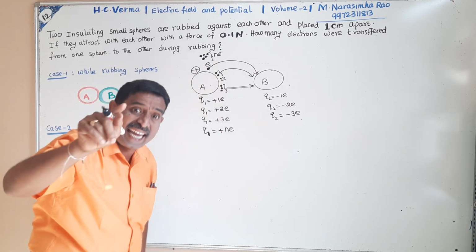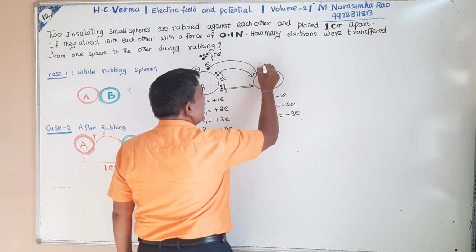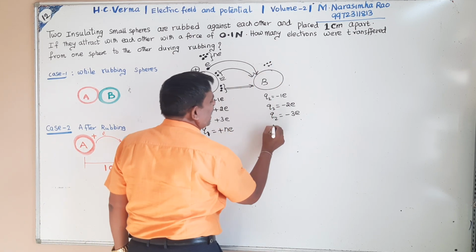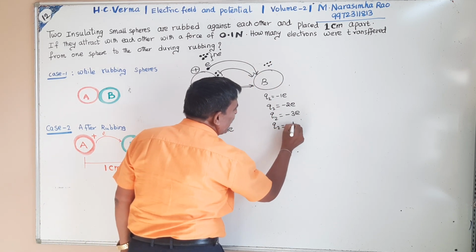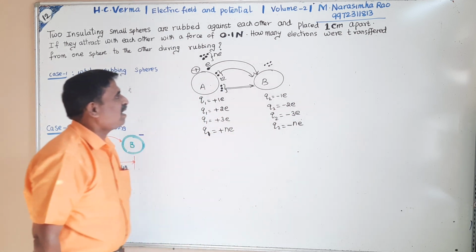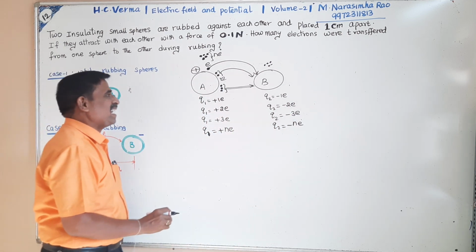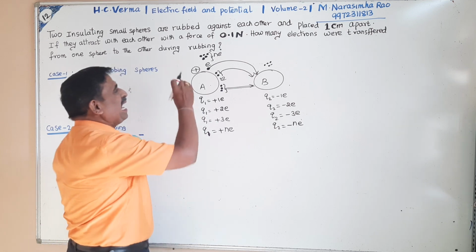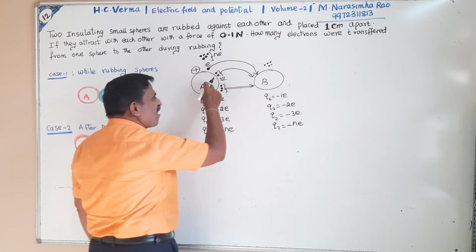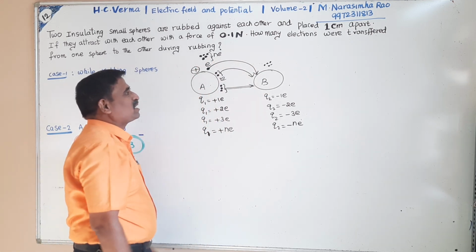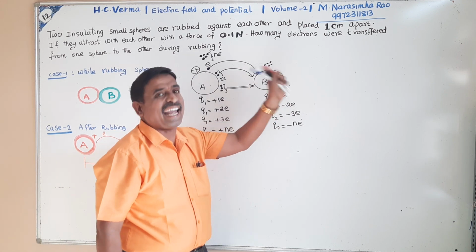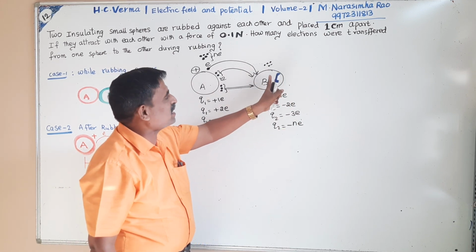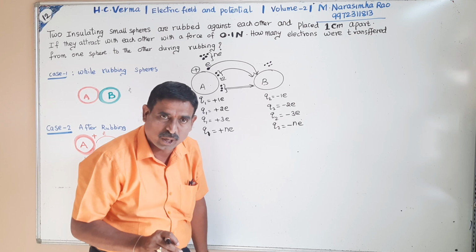It is gaining n electrons, so its charge is minus ne. After rubbing, the sphere losing n electrons becomes a positive charge, and the second sphere gaining n electrons becomes a negative charge.